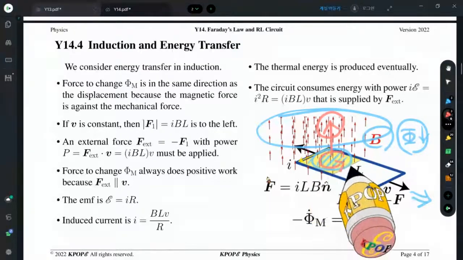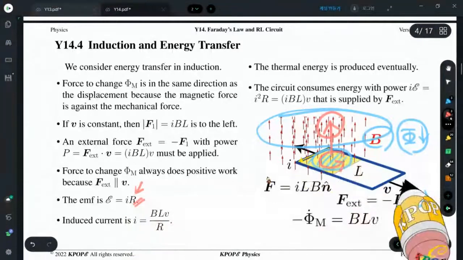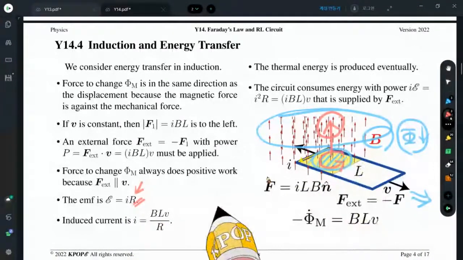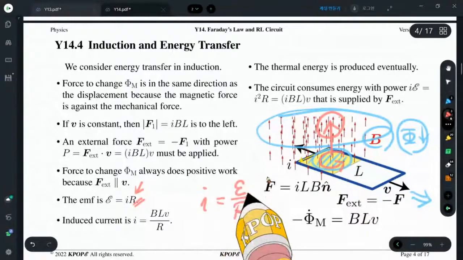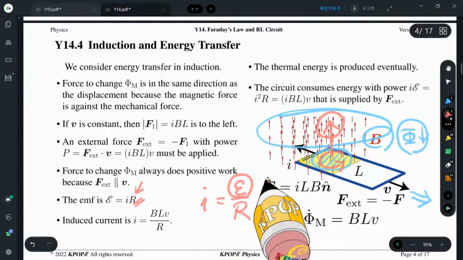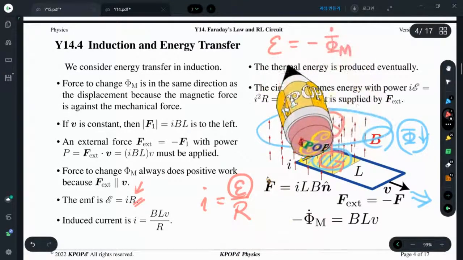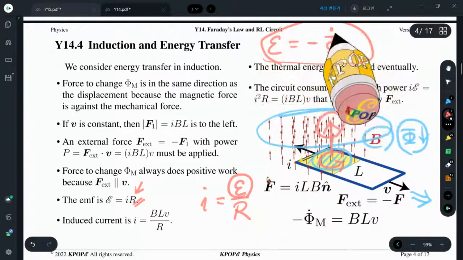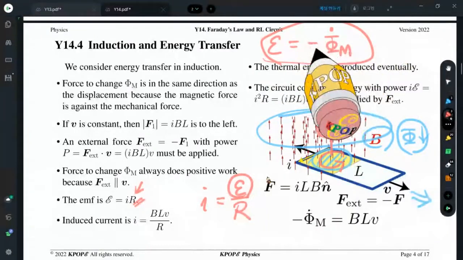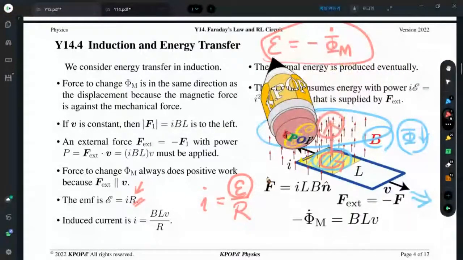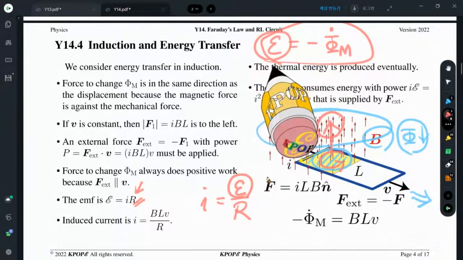When the current flows, and if there is a resistance R of this circuit, current I is E over R, and E can be computed with what? Minus phi m dot. We can determine the change of the flux and put the negative sign on it, and you determine the electric potential.